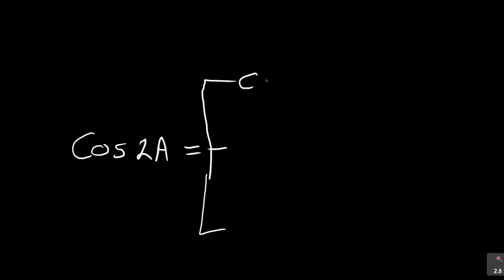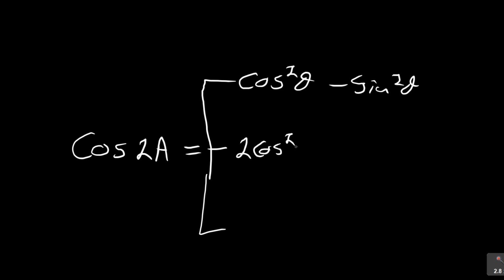The first one is cos squared theta minus sine squared theta. The second one is 2 cos squared theta minus 1, and the last one is 1 minus 2 sine squared theta. Very, very important.